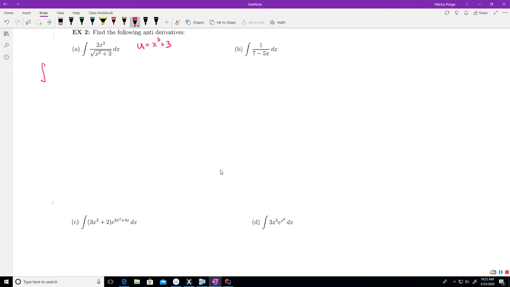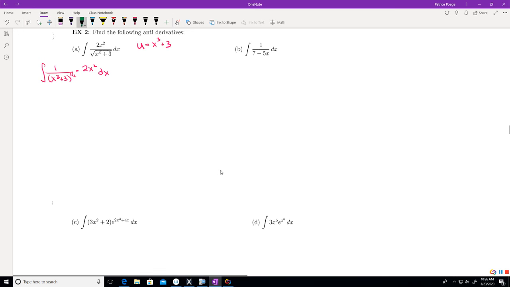So this is the integral of 1 over, instead of the square root, I'm going to put x cubed plus 3 to the 1/2 times, so I'm separating my numerator and denominator, times 2x squared. You could put over 1 if you wanted to, but you don't have to. Dx. So I just separated my numerator and denominator so that I can see more clearly how to substitute everything.